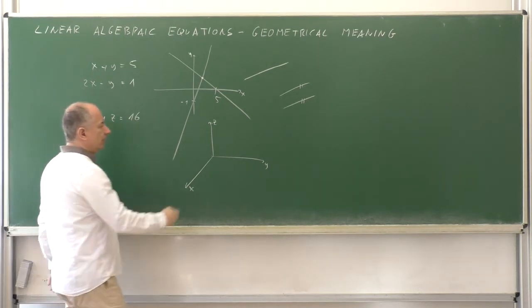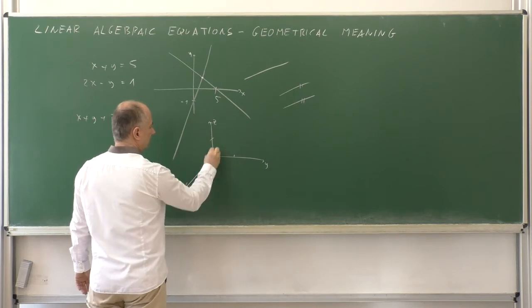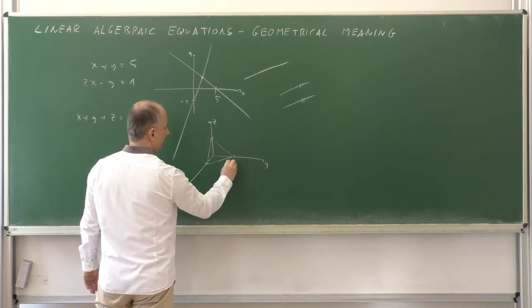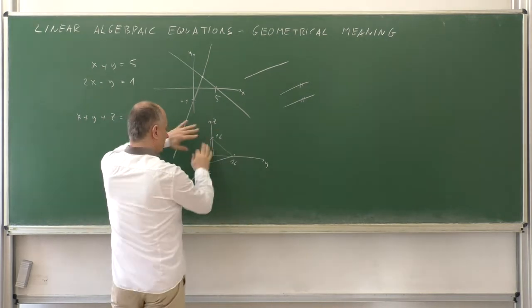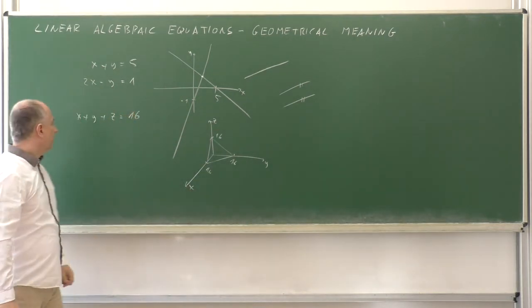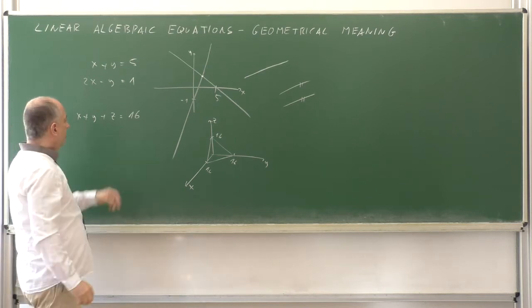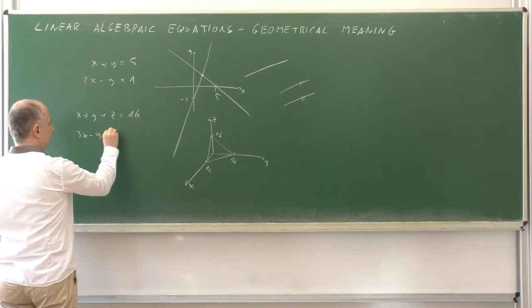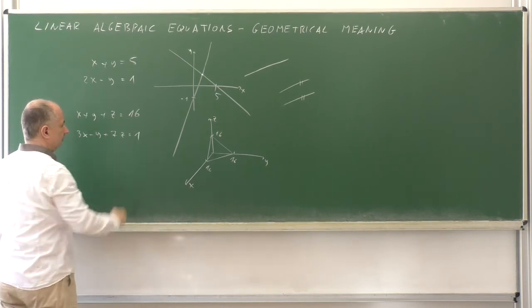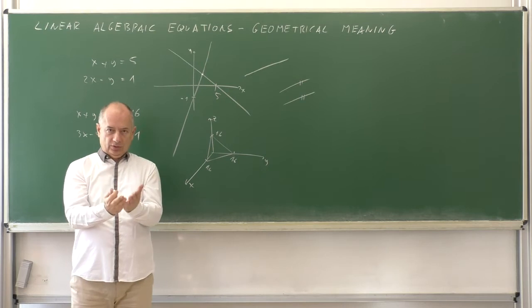In this case, it would be a plane that cuts this triangle, and then it goes to infinity in each direction. If we have two equations, then we have two planes.